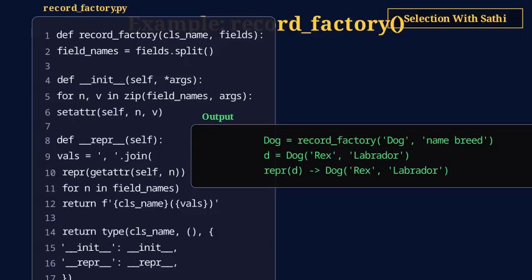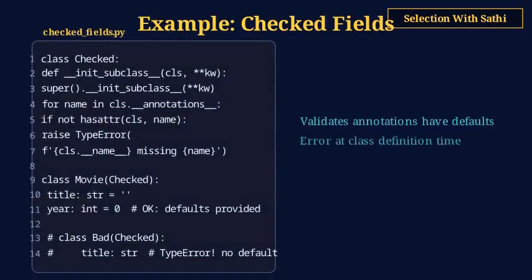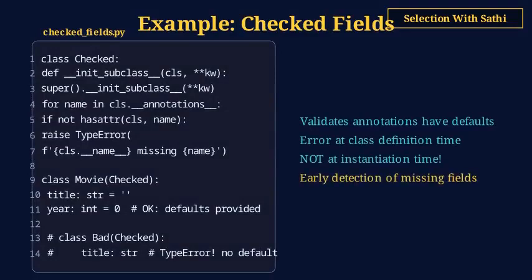Then it calls type with the name, an empty bases tuple, and a namespace containing these methods. Now Dog = record_factory('Dog', ['name', 'weight']), and Dog('Rex', 30) creates a record with those attributes.